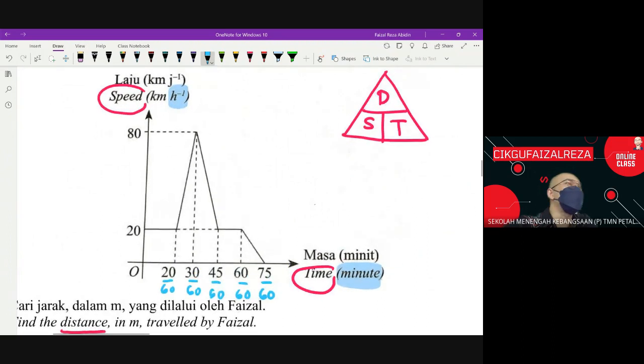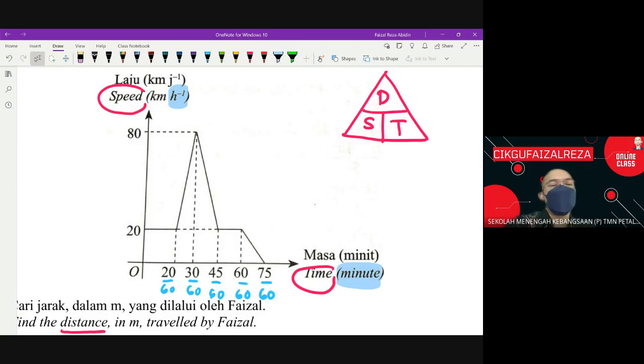If you look there, the time in our graph there is in minute. So cannot. You have to change first. That's why I said divide everything with 60. Can class?